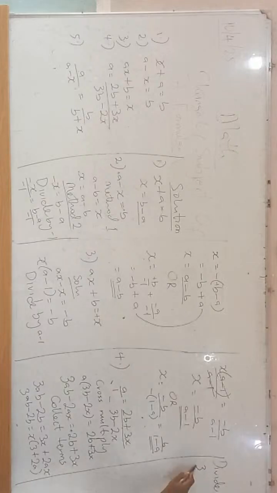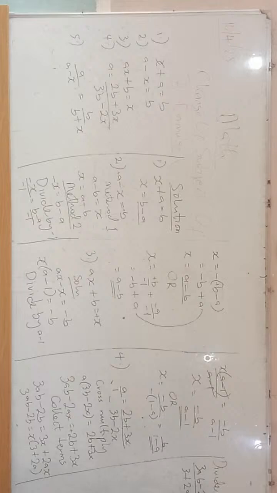So we have 3ab minus 2b over 3 plus 2a equals x over 3 plus 2a. Are we together? This cancels. That's the essence.